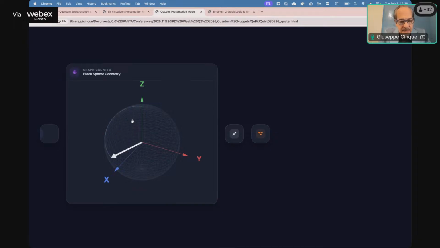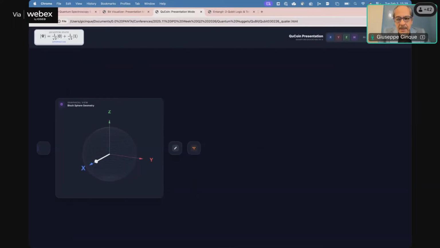And I can, for example, put the status of this qubit in between the North Pole and South Pole. And when I measure, that's where I will get the possible outcomes, right? I can have 0 or 1 as an outcome.